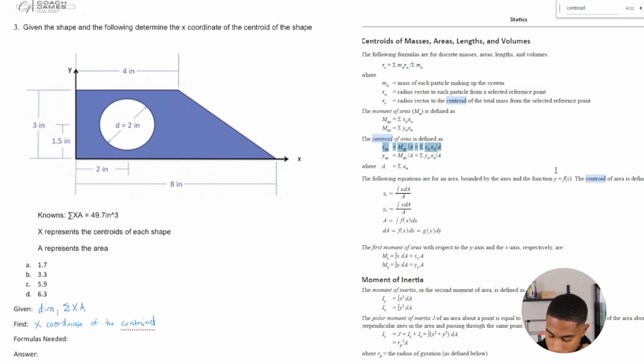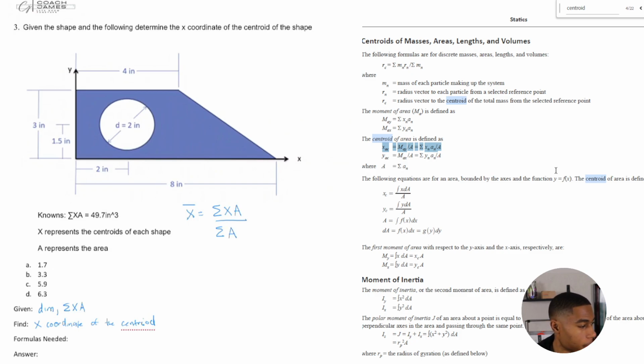So we can rewrite this as x, I'll just write it as x bar. So x coordinate of the whole shape is equal to the sum of x times a all over the sum of a.